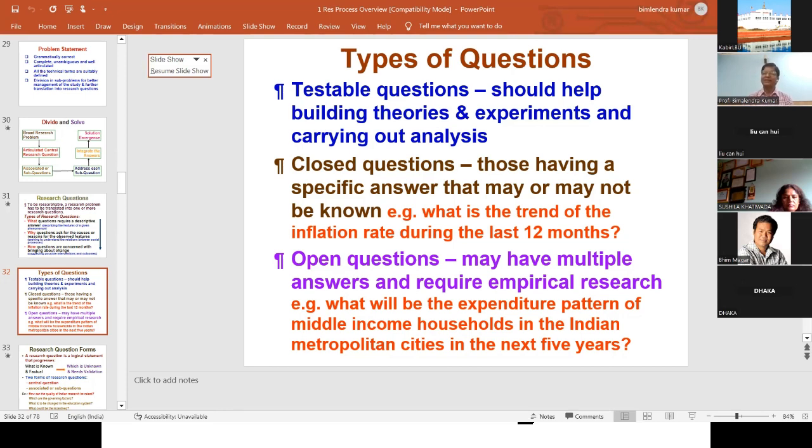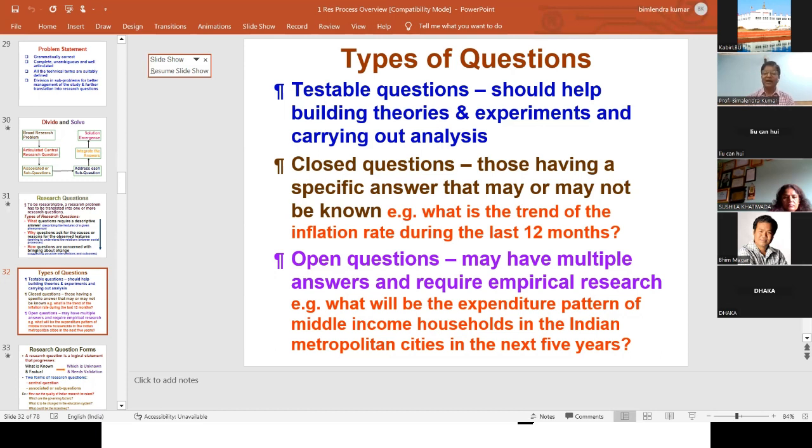In every month it is changing. So it cannot be tested, or it cannot be open. So there are closed questions. It varies upon the growth rate of the nations, GDP, gross domestic product. It depends upon the inflation rate of any country or nation, and depends upon the productions.